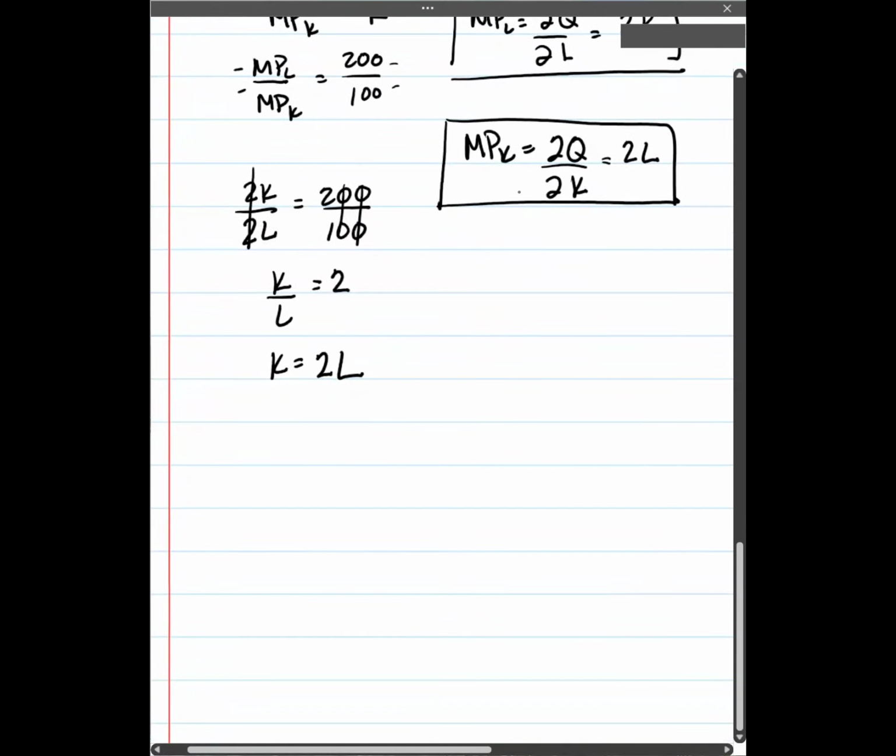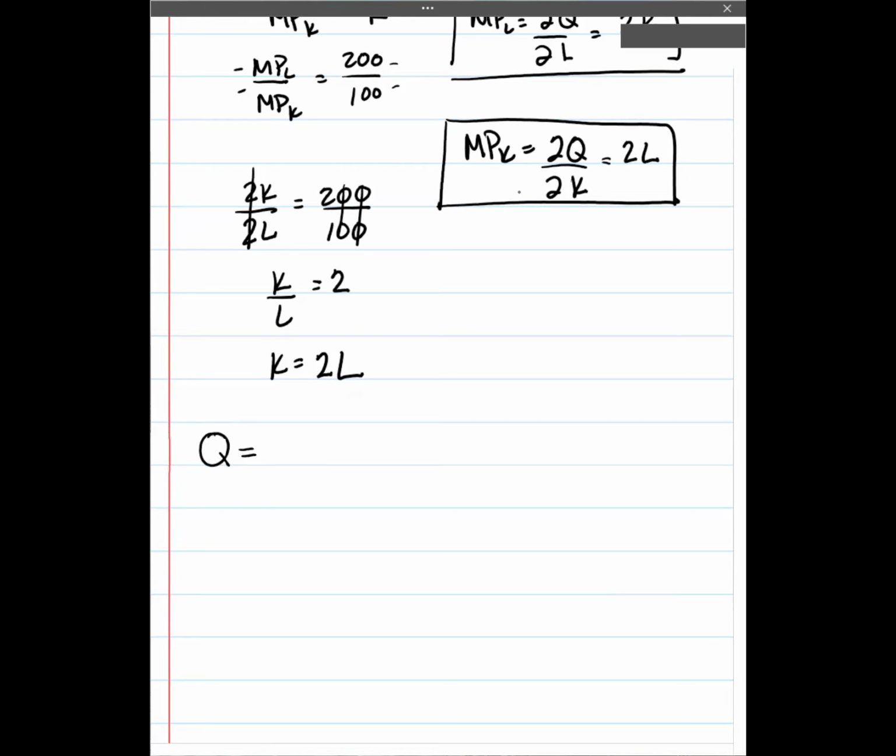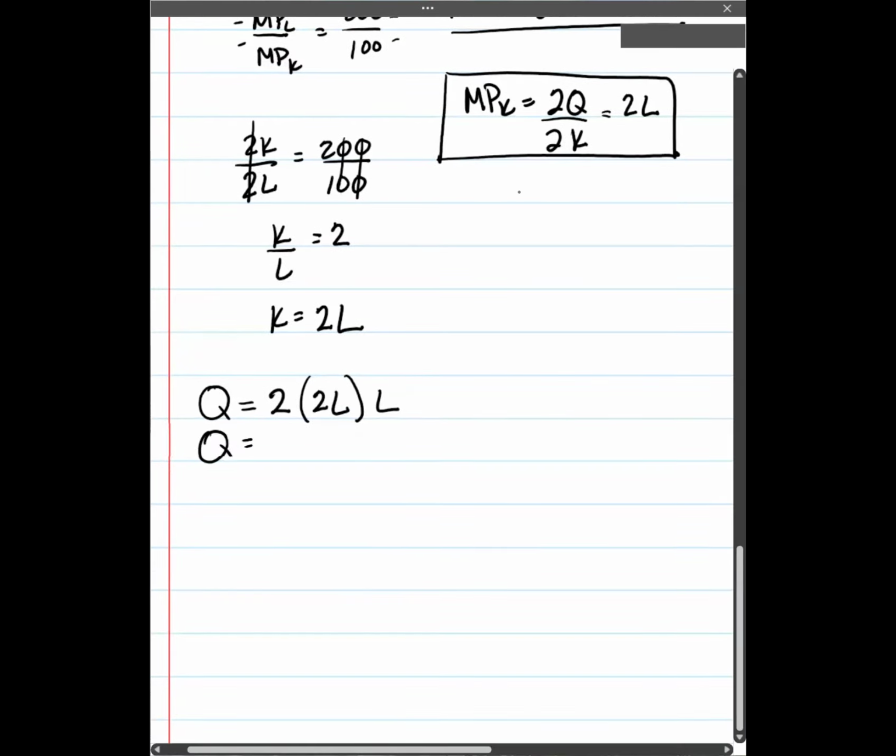From here, we're going to substitute for capital in the firm's production function. So we'll have quantity equal to 2 times capital, which we just said is equal to 2 times L, times labor. That gives us quantity equal to 4 times labor squared.